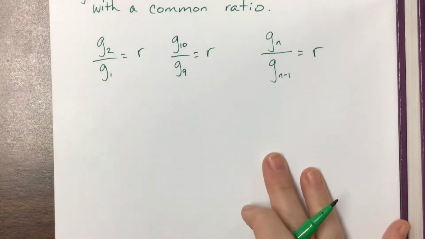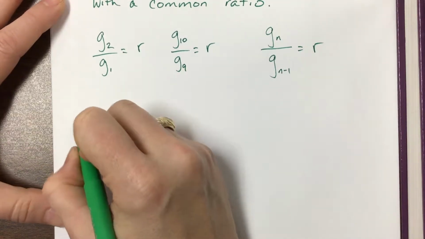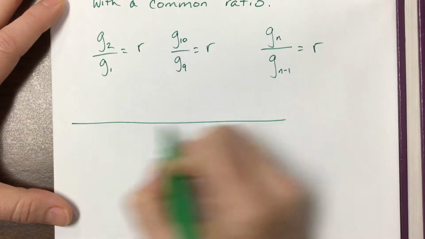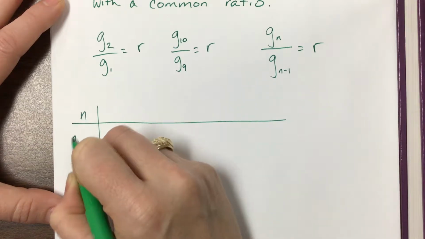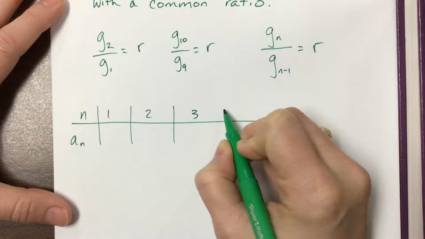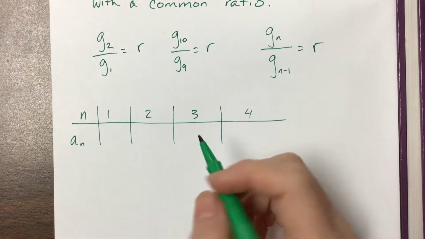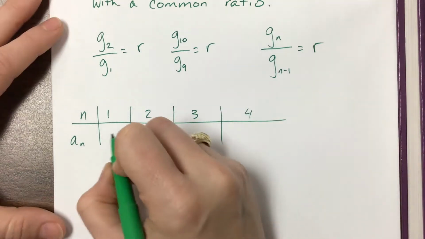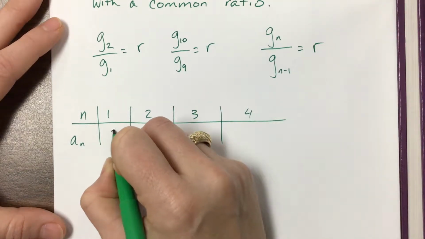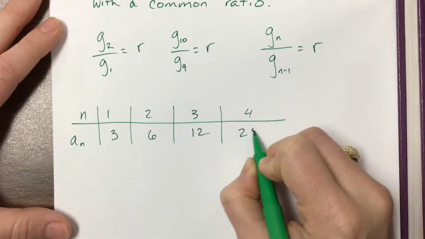Okay, so let's look at an example. Say I tell you the n value and then a sub n: 1, 2, 3, 4. Let's say I have something like 3, 6, 12, 24.